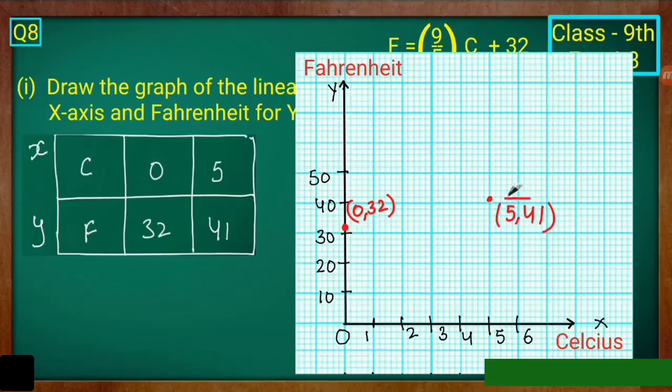Now these are the two coordinates. Join them. And always remember one thing, students: when you are drawing the graph on the graph sheet, your line should be straight. So Fahrenheit equals 9/5 C plus 32. Now this was the graph for part 1.